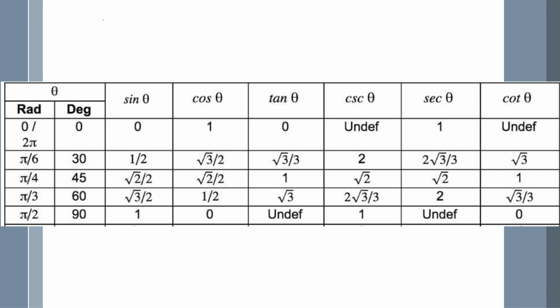The trig ratio for sine is going to be opposite over the hypotenuse. Cosine is going to be adjacent over the hypotenuse. And then tangent is going to be opposite over the adjacent.